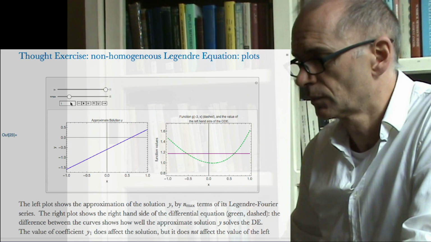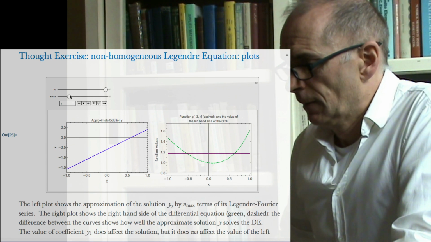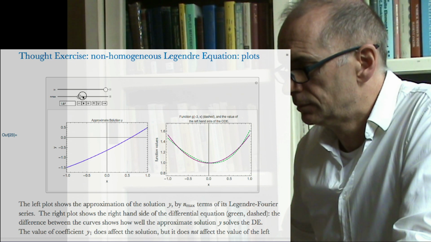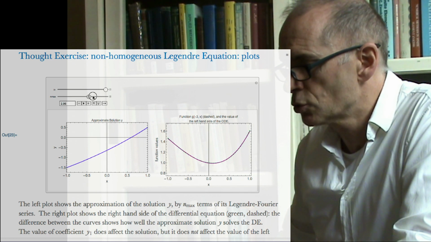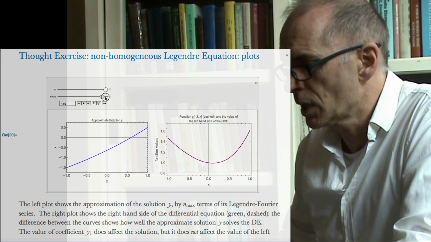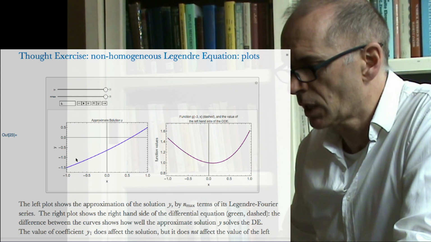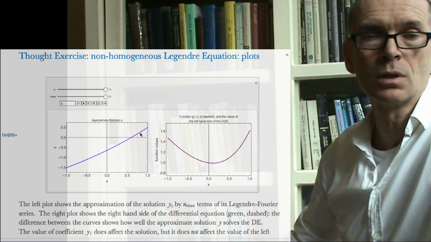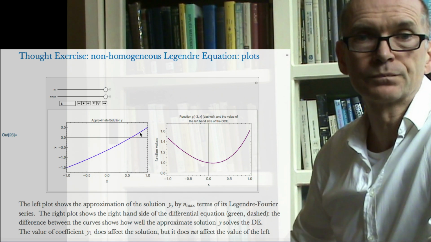But if I take more, you see that the solution for y is represented more and more accurately, so the shape of the solution that we see in the left-hand side plot changes.